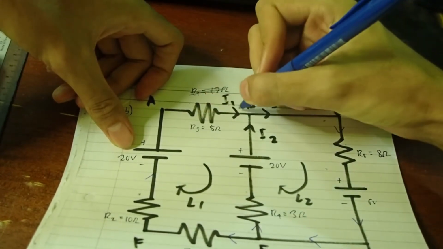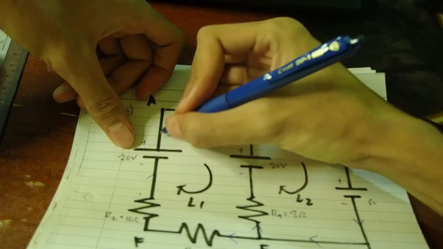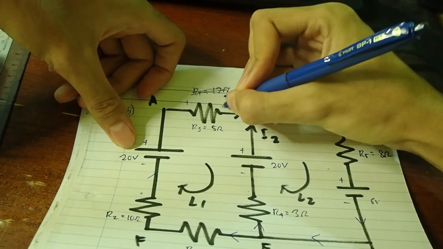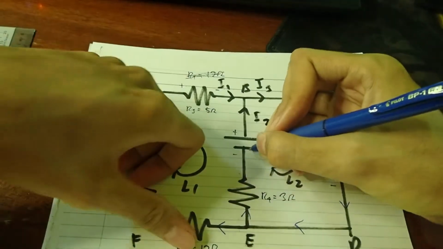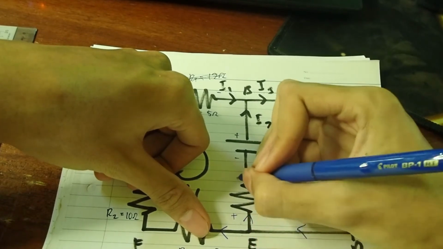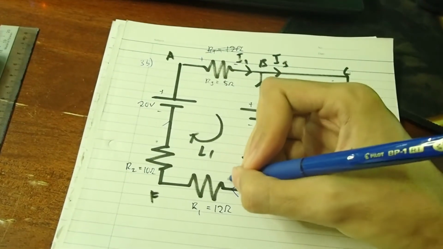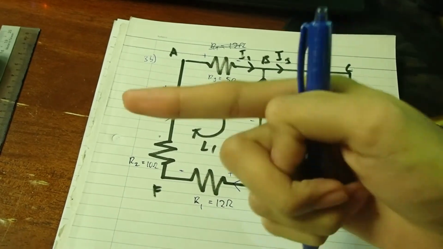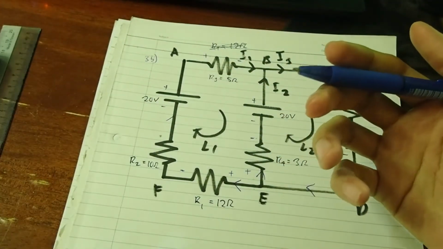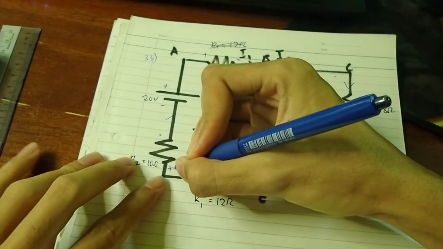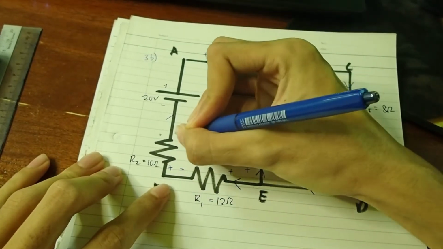When the current is flowing in this direction, this terminal must be positive and this terminal must be negative, because it's moving in this direction, decreasing the potential difference. So this is positive, high potential, going to a decreasing potential.